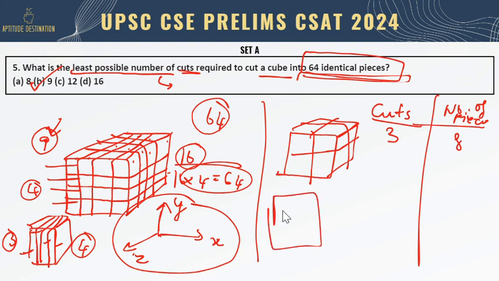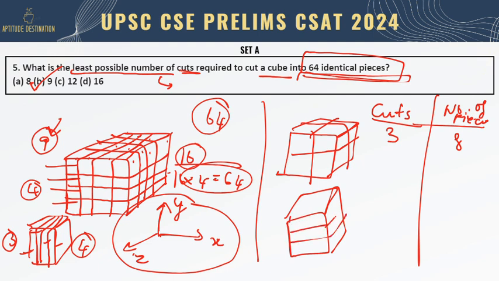Now if I make another cube and I make 2 cuts in each axis, so this is 2 cuts, and this is 2 cuts, and this is 2 cuts. Now how much do I get? That's 1, 2, 3, 4, 5, 6, 7, 8, 9 in each row, and there are 1, 2, 3 rows. So I'm getting 27 pieces for 6 cuts. Next, for 9 cuts, we know the answer.